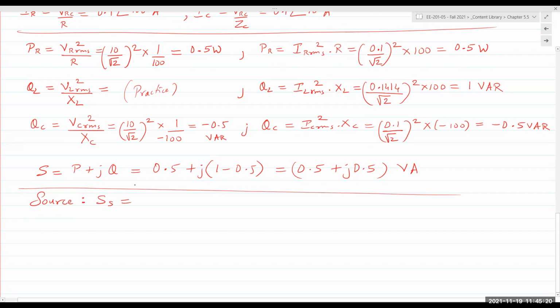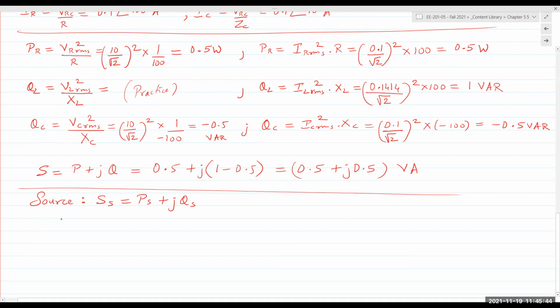So SS would be equal to PS plus JQS. Let's use the other equations this time. VI cos theta, VI sin theta. P is VI cos theta, with RMS values, obviously. And then Q, reactive power for the source, would be VI sin theta.